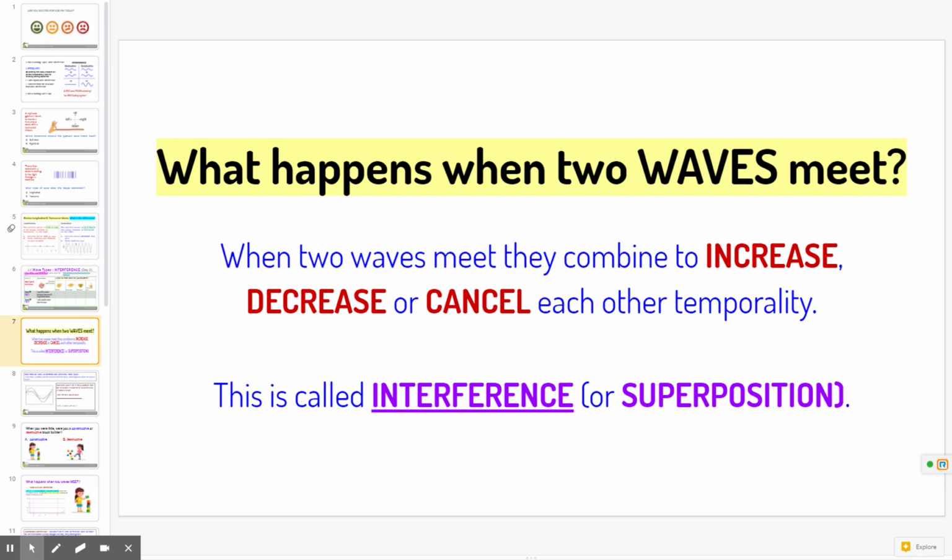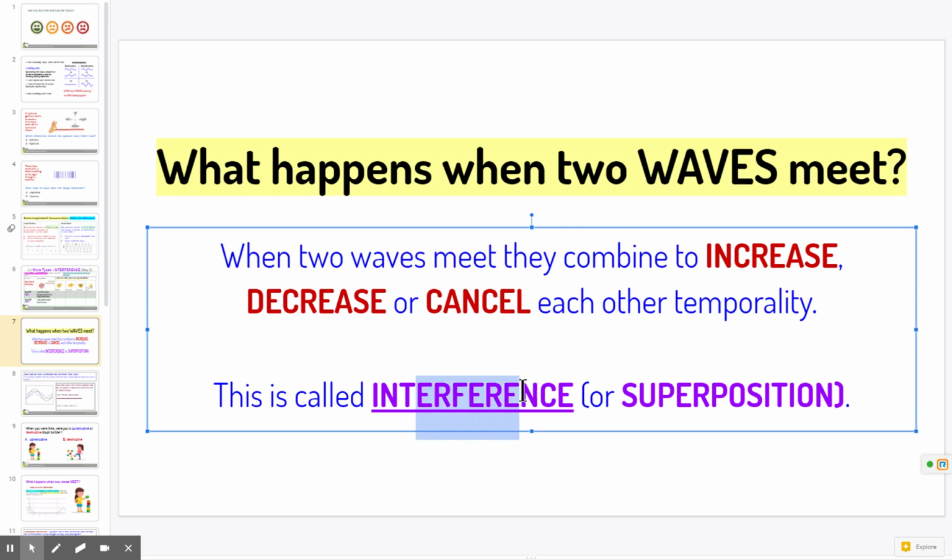When two waves meet, they combine to increase, decrease, or cancel each other out temporarily. This is called wave interference or superposition. We will use the term wave interference, but it is also called superposition.